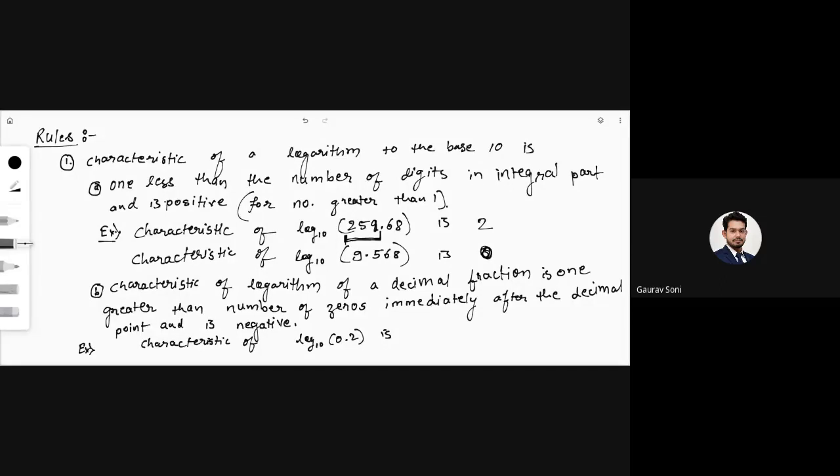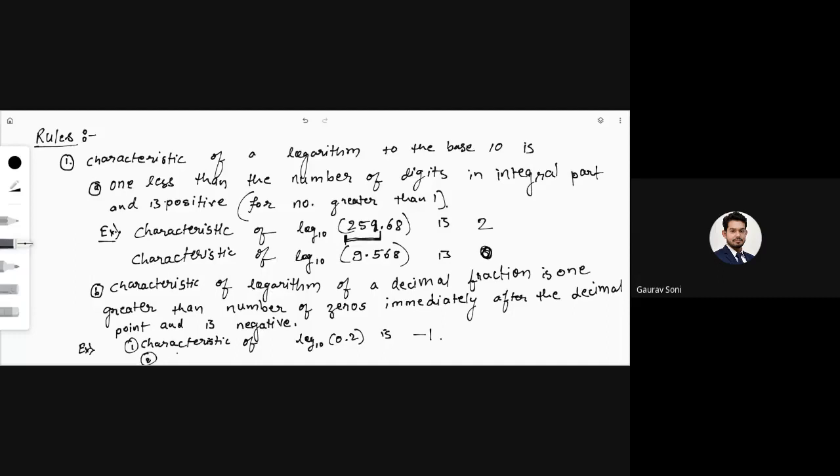What the statement says is, the characteristic of the logarithm of a decimal fraction is 1 greater than the number of zeros immediately after the decimal point. How many zeros are there after the decimal point in this number? 0. So 1 greater, that is 1, and it is negative. So the characteristic of this will become minus 1.